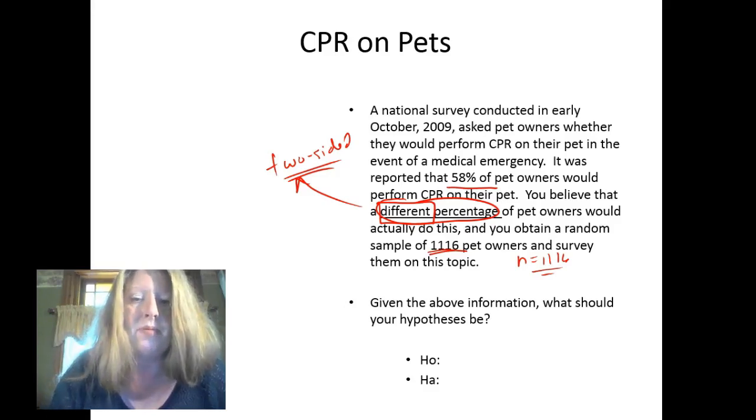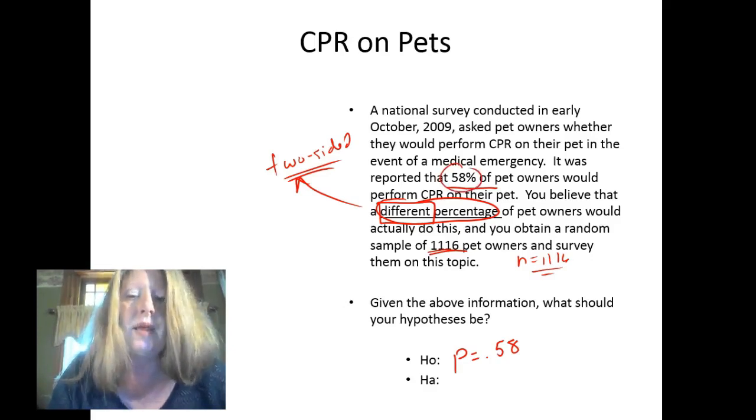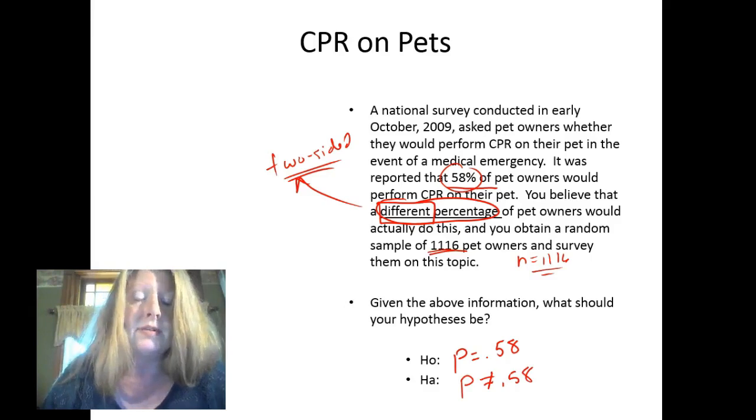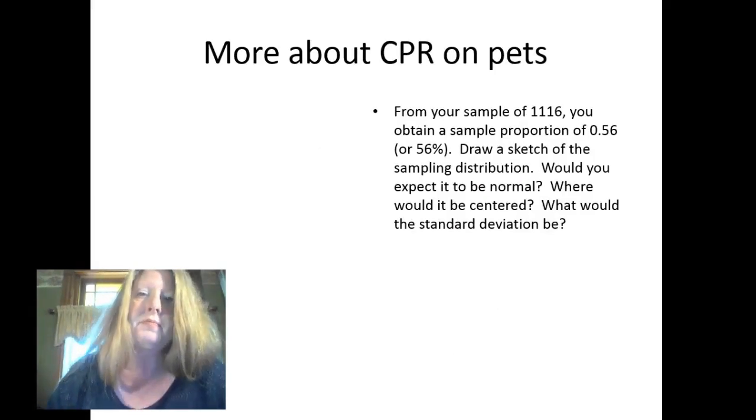So in the end, we have proportions or categorical data. The claim is that the population proportion would be 0.58, so we need to convert this back to a proportion. The alternative would be that it's not 0.58. This is where we'd have that not equal sign in our alternative.